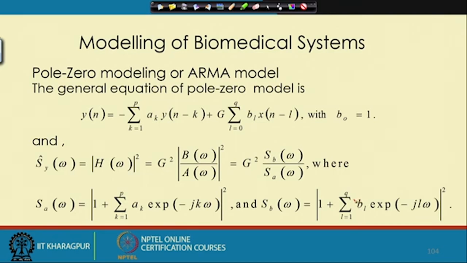The ratio of the spectra S_B and S_A can determine it. Below we have given the expressions of S_A and S_B. So, that is the starting point in short.